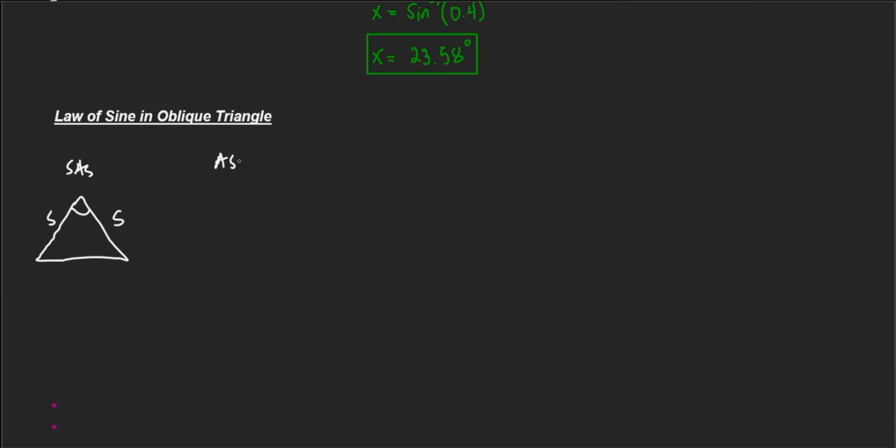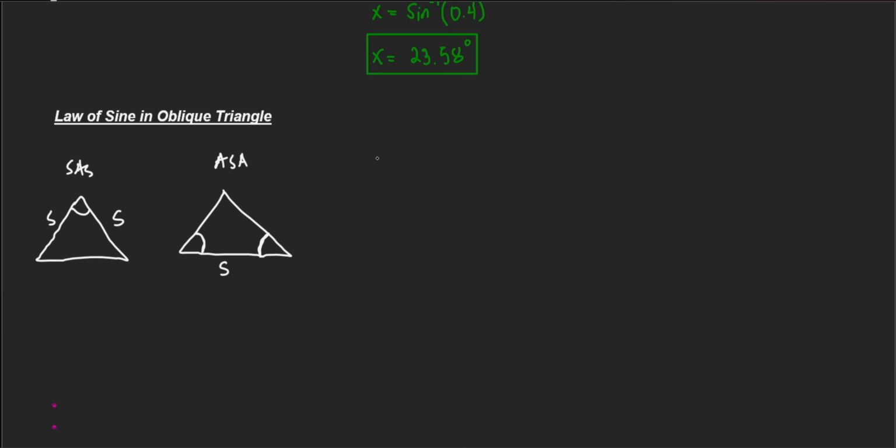ASA. Ibig sabihin, angle, side, angle. For example, ito yung magiging oblique triangle po natin. So, angle, side, angle, ibig sabihin, this is our angle given the side and another angle. Okay? Alright?